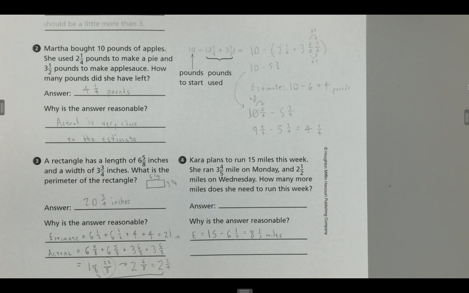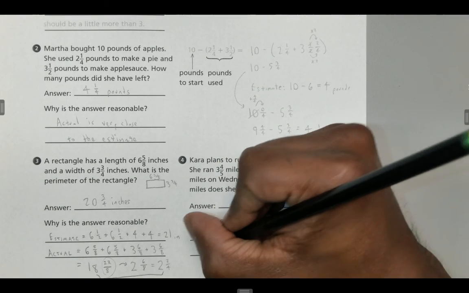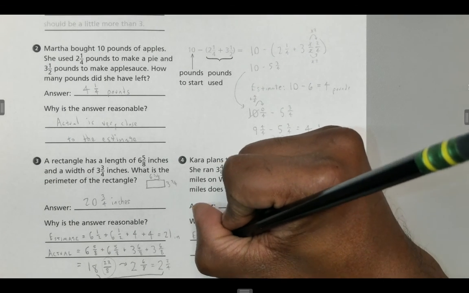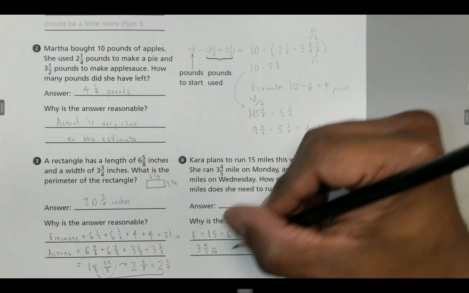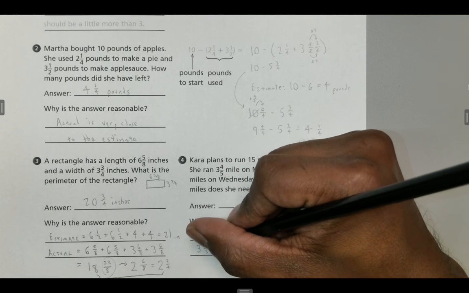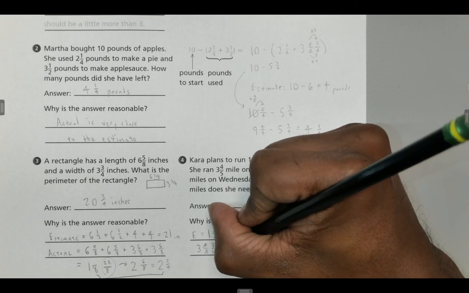Now let's solve this. 3 4/5 plus 2.5. Our denominators are the 5 and the 2. The 5 won't work for the 2, but I go through my multiples of 5 and 10 will. So first, let's figure out how much she ran. 3 4/5. I'm going to rewrite as something over 10. What I do to the bottom, multiply by 2. I do to the top, multiply by 2. 3 4/5 becomes 3 8/10.